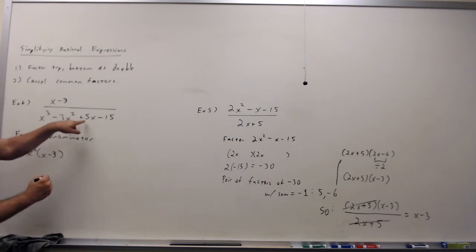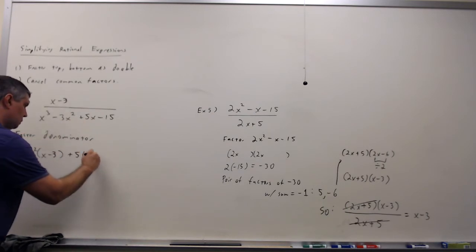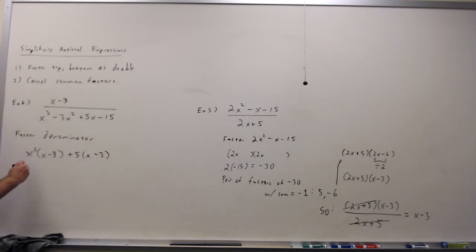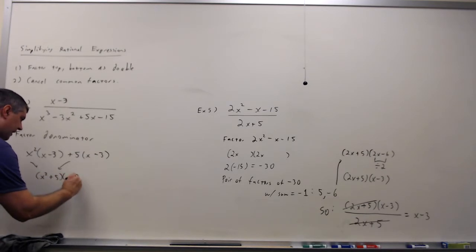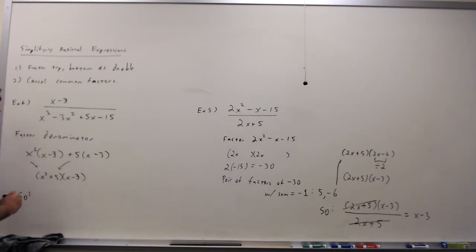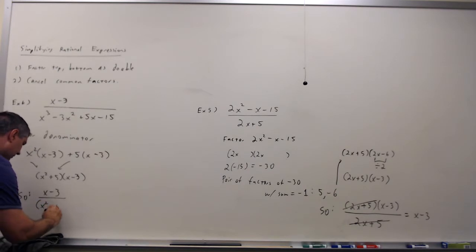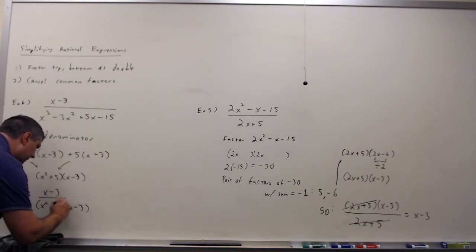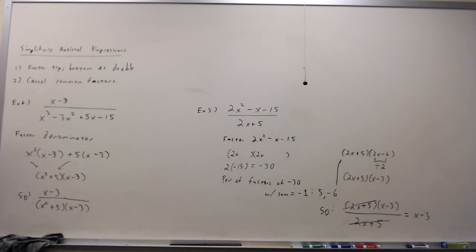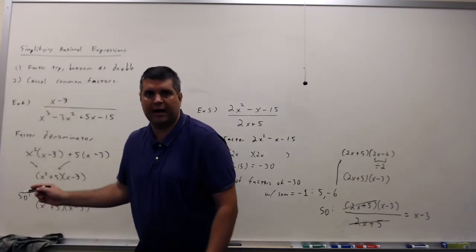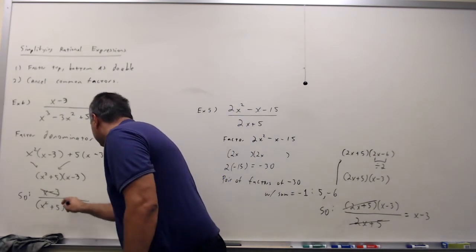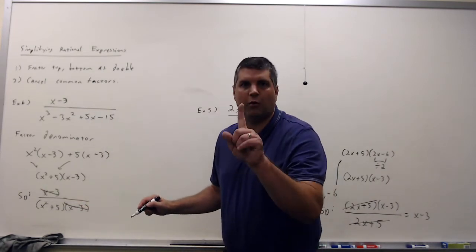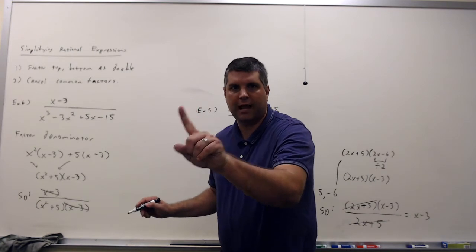For these two terms, I can take out the 5. So together, these two give me x squared plus 5 and x minus 3. So I have x minus 3 over x squared plus 5 times x minus 3. The numerator would cancel completely. When that happens, though, you have to leave a 1 on top.